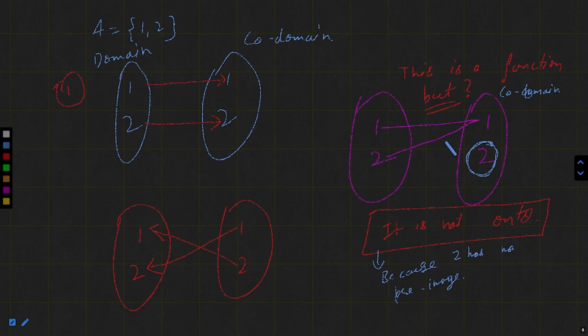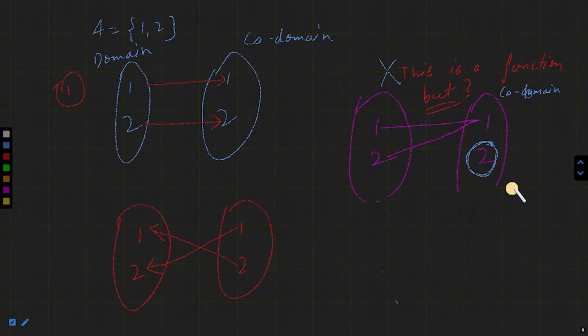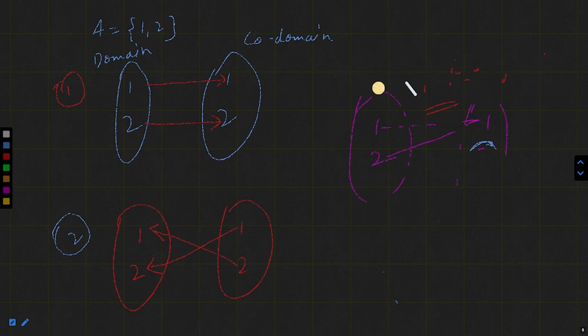I hope that it is clear. So we cannot count this function. This means in total we have arrived at only two functions, this one and this one. So if my set has two elements, then the number of onto functions is 2.